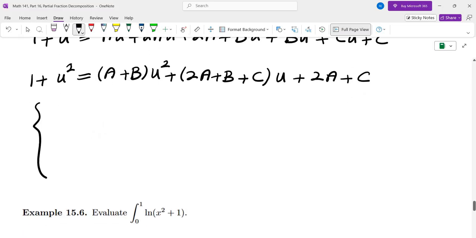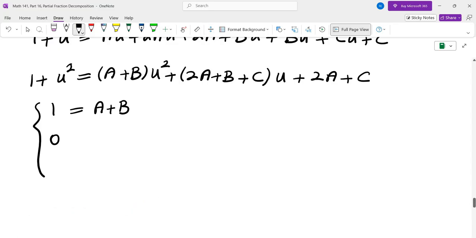Now, what is the coefficient of u²? That is 1 on the left. It's A + B on the right. What is the coefficient of u on the left? That is 0. What is the coefficient of u on the right? It's 2A + B + C. What is the constant term? It is 1 on the left. On the right, it is 2A + C.